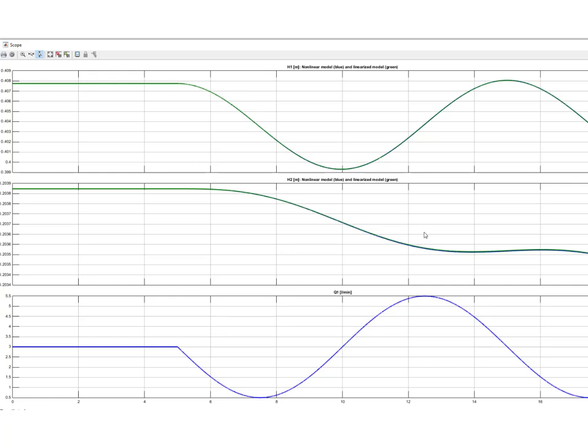The nonlinear model is given in blue and the linearized model is given in green. Okay, so you can see that even though we end up far away from the nominal input flow, the quality of the model stays quite good.